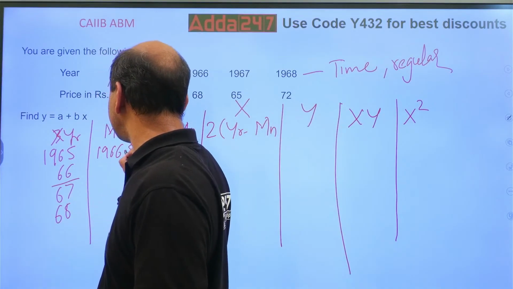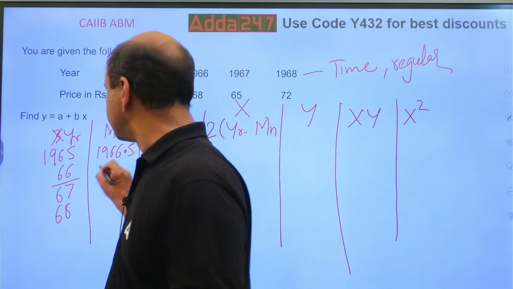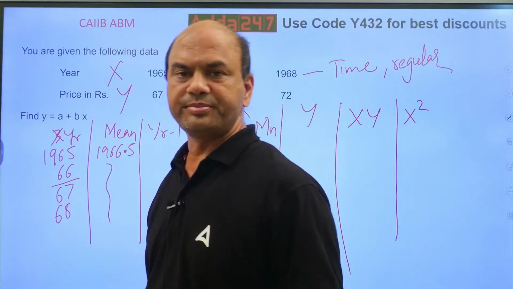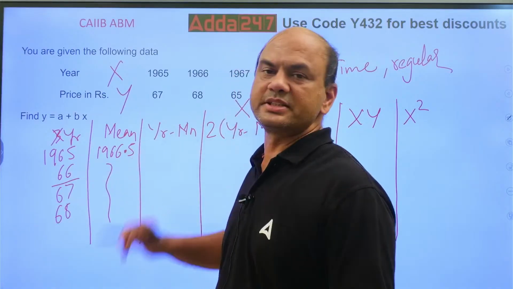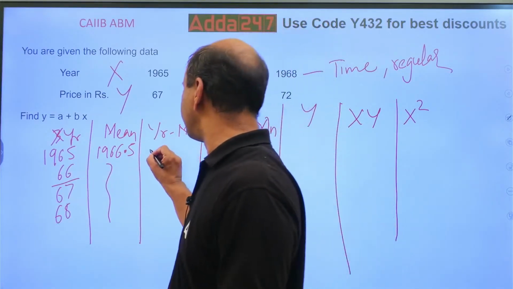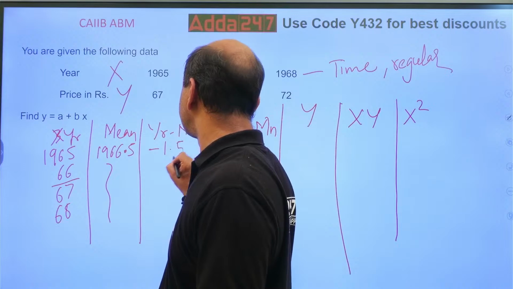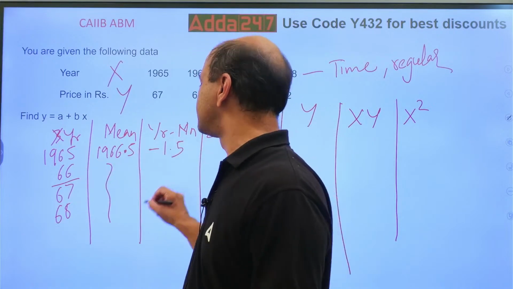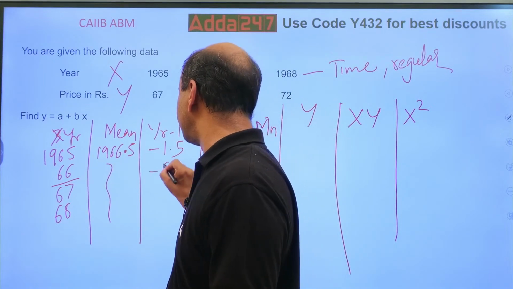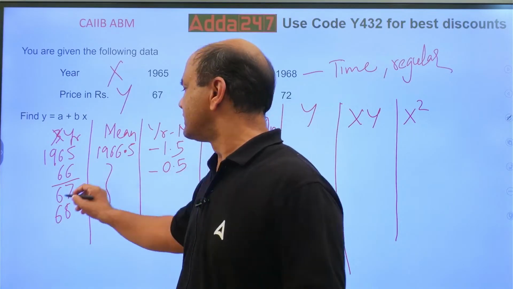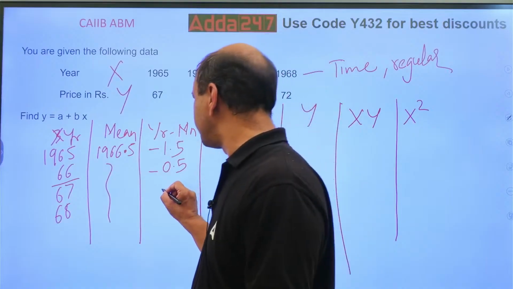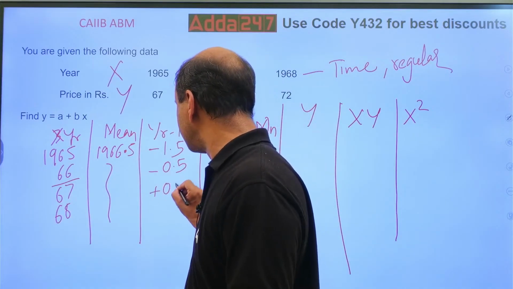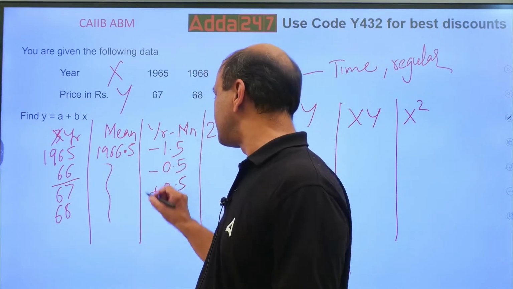Average means average. Same thing over here, everywhere. Find out the difference. 65 minus 66.5 is minus 1.5. Here 66 minus 66.5 is minus 0.5. 67 minus 66.5 is plus 0.5. Then the last one, plus 1.5.